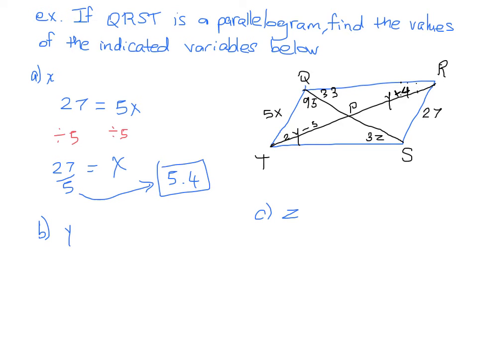All right, but that had nothing to do with the diagonals at all. But now we are actually going to explore the diagonals. So we know that the diagonals of a parallelogram have to bisect each other, which means that this half of that diagonal has to be equal to that half of the diagonal, which means then that 2y minus 5 is going to be equal to y plus 4.